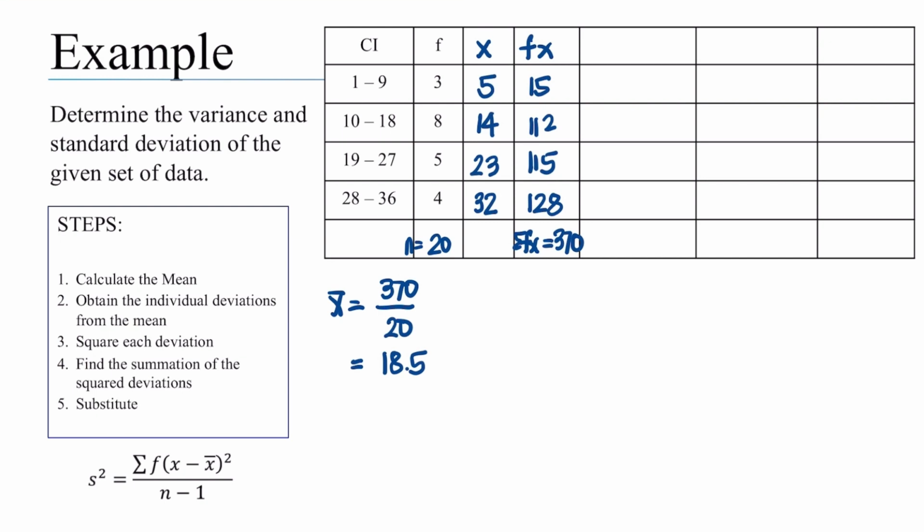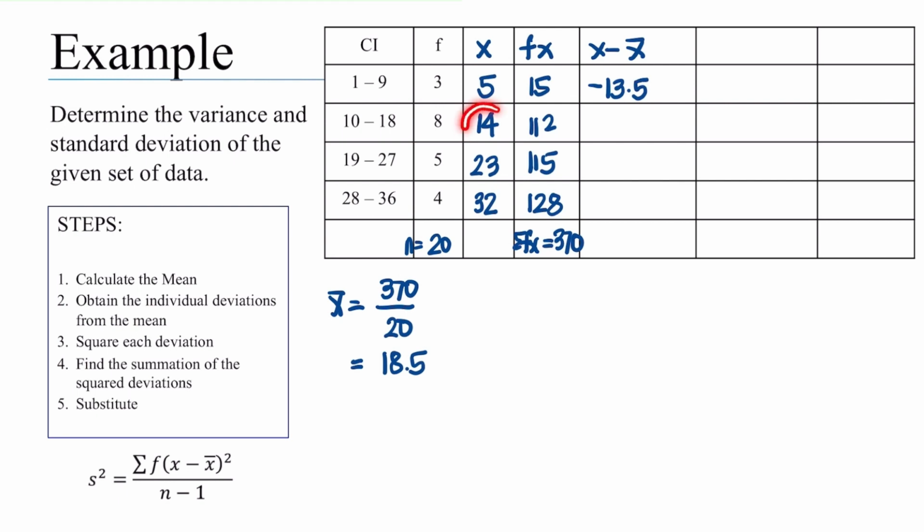Next, we will complete the table. We will follow the formula. We'll start with x minus mean. In this case, we will subtract the mean from x. So that is 5 minus 18.5 is negative 13.5.